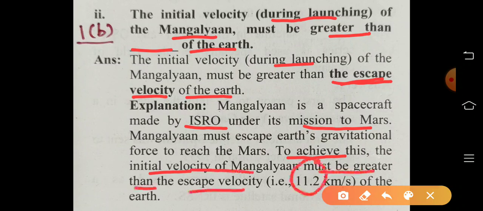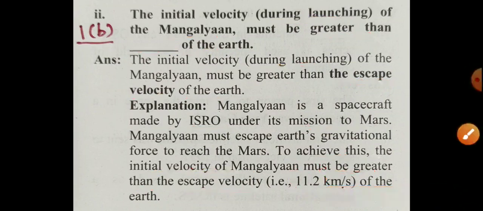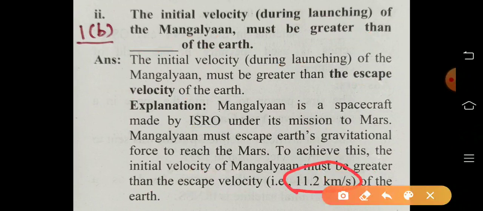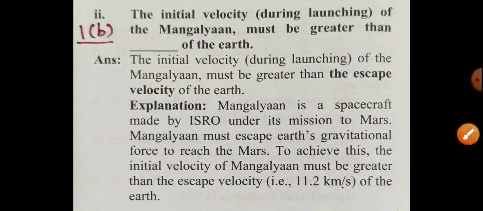We calculated this value in a numerical problem in the last video, when we learned about this lesson number 10, Space Mission. That value is given here. This is the explanation of the first B.